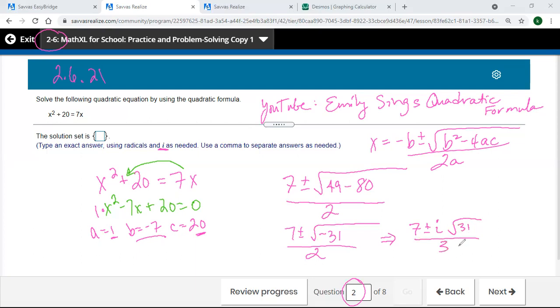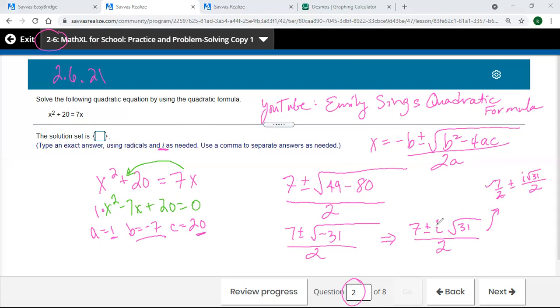And then they can all be over 2, or you can separate it out into 2 separate problems: the 7 over 2 plus or minus the i square root of 31 over 2. So either way, usually we get a common denominator like this so we can put them together, but in this case, sometimes you might want to pull them apart.